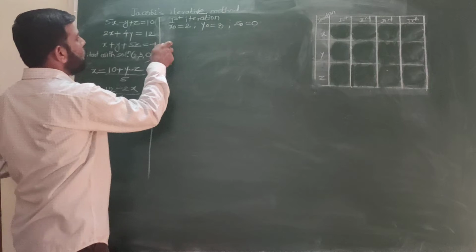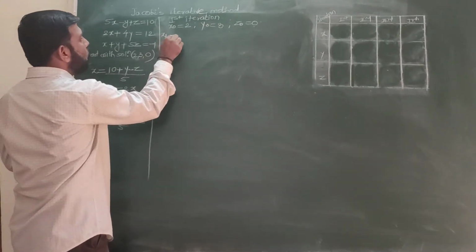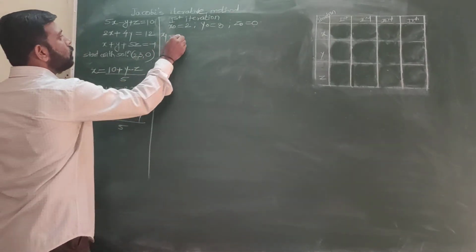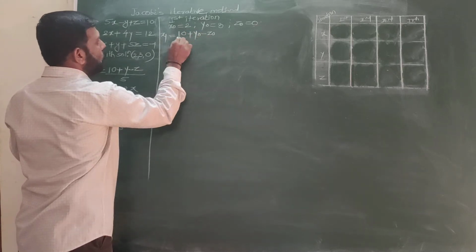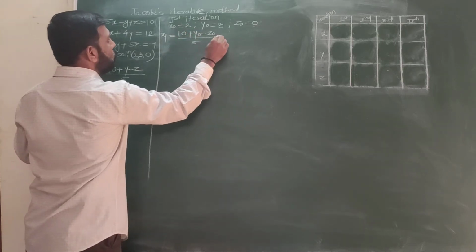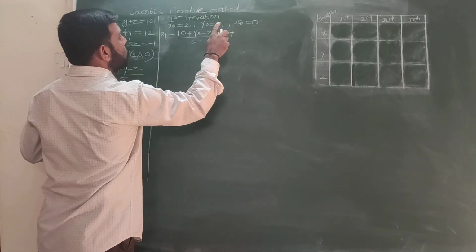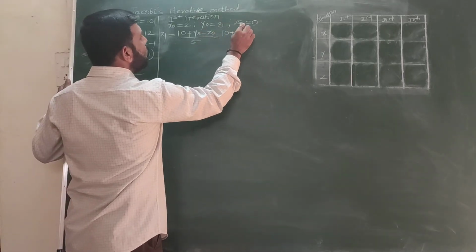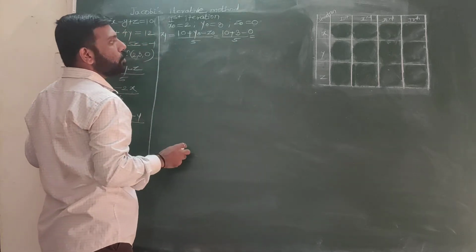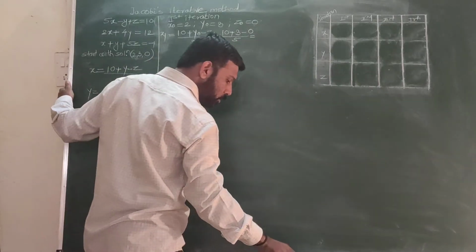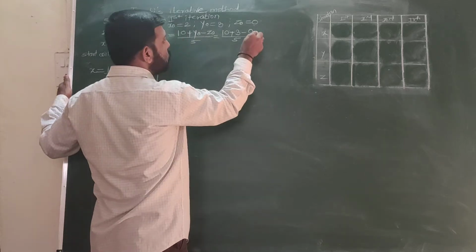But if they have given it, then we consider that value and start with it. x1 equals (10 plus y0 minus z0) upon 5. 10 plus y0 value 3, z0 value 0, divided by 5. So 13 divided by 5, the value is 2.60.